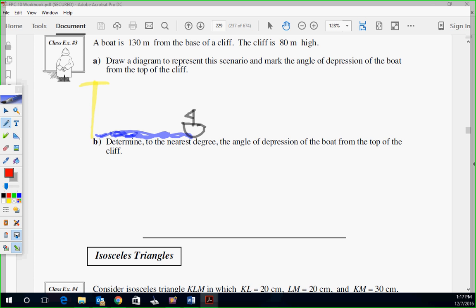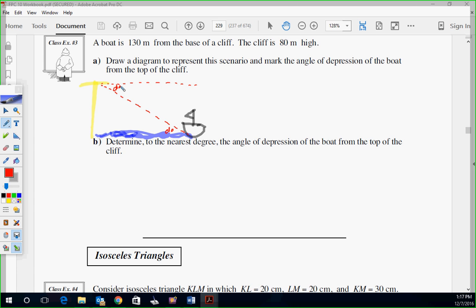So remember, I said depression is the view down. You have to do it from the horizontal. So the thing we want to understand is, from here, the depression goes down to the boat here. That's the angle of depression because the boat's below it. But now listen, those of you that have this right here as your depression angle, that's still right.